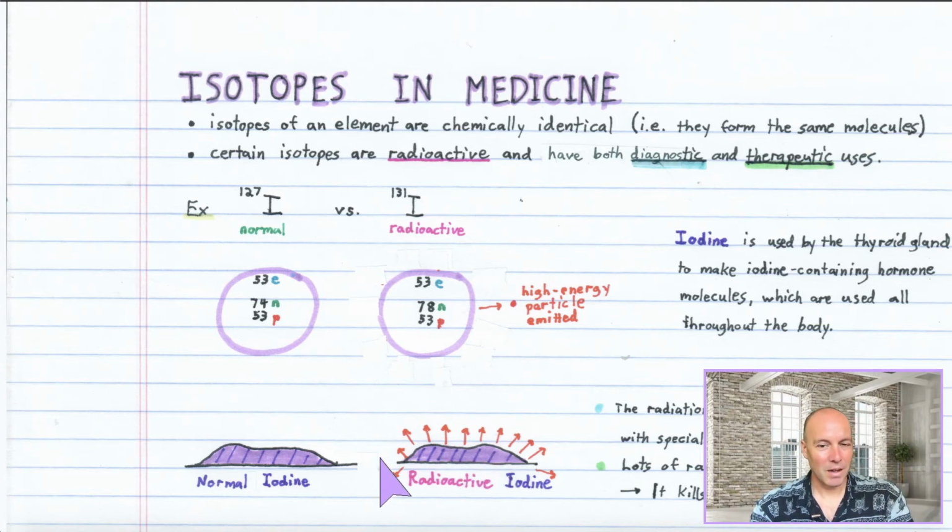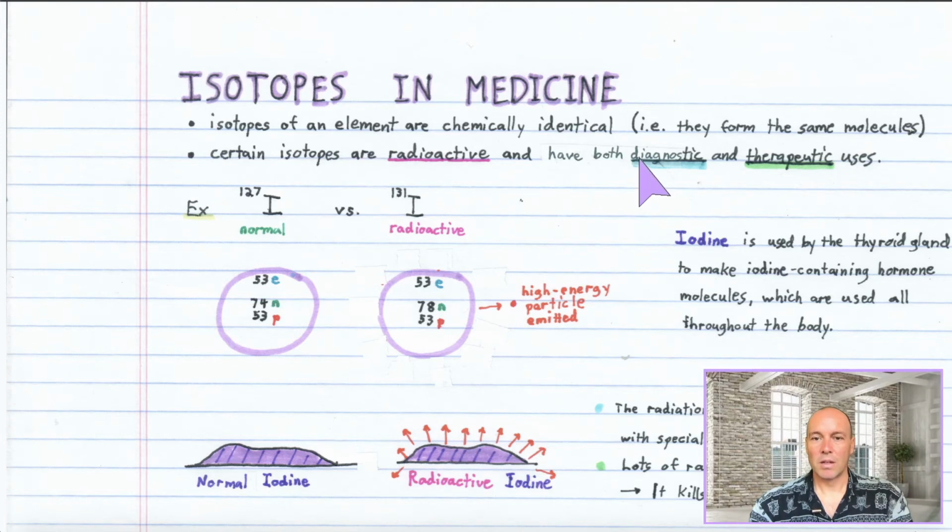Maybe not all of it, maybe just a small portion is mixed in there. But if you have some of the iodine 131 mixed in, then the whole pile is radioactive, and it's emitting these high energy particles in all directions, really. These particles can travel through material depending on what type of radiation it is.